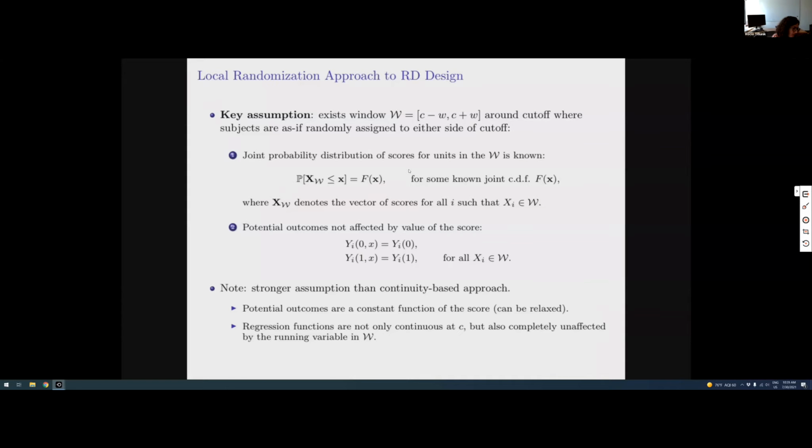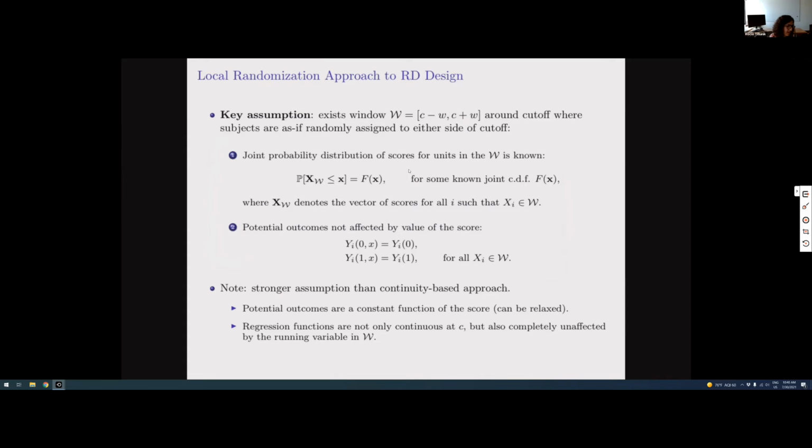And then we also need to assume that inside that window, the potential outcomes are not affected by the score. So basically it's an exclusion restriction where the potential outcomes inside the window don't depend on the value of the score. This is a stronger assumption than the standard continuity-based assumption you're going to see later. If we make these two assumptions, then we have a sort of randomized control experiment in this window.